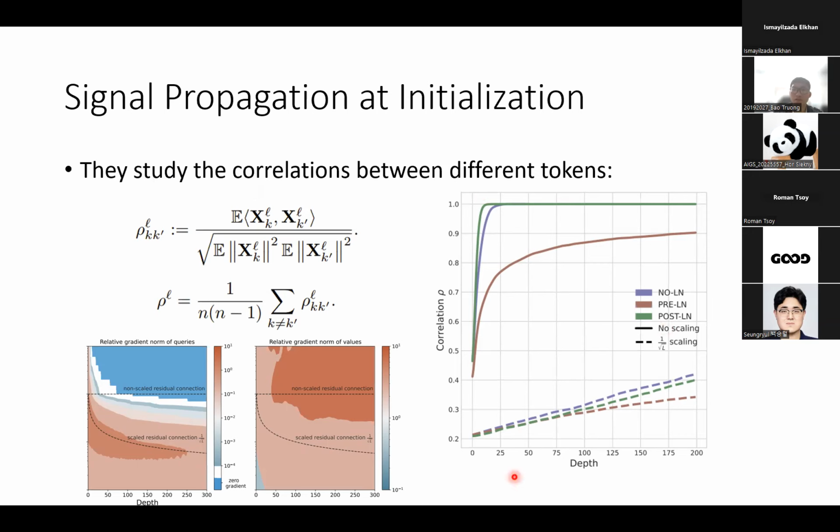In the figure, you can see that by using the appropriate residual scaling, we can control the correlation between tokens. Here, a correlation equal to 1 means that the two tokens are identical. And as in this figure, if we do not use the scaling, the correlation rapidly goes to 1 as the depth increases.